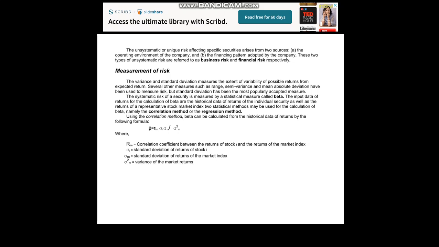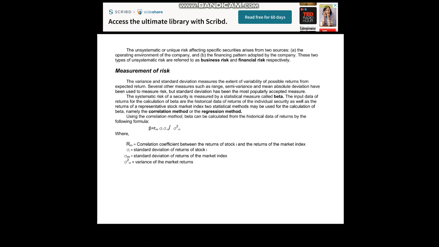The input data of returns for the calculation of beta are the historical data of returns of the individual security as well as the returns of a representative stock market index. Two statistical methods may be used for the calculation of beta, namely the correlation method and regression method.